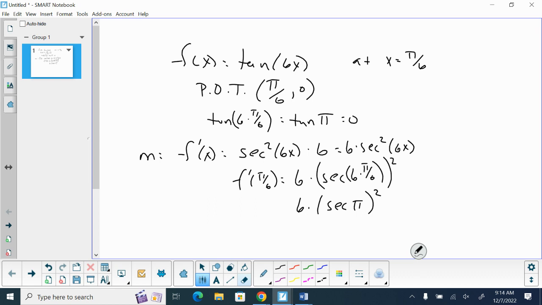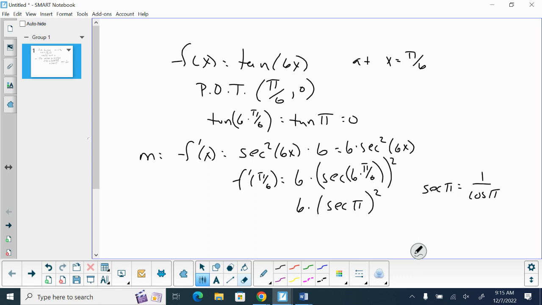Well, we don't have a secant button on our calculator, but the secant of pi is 1 over the cosine of pi, which means that is the cosine of 180 degrees.